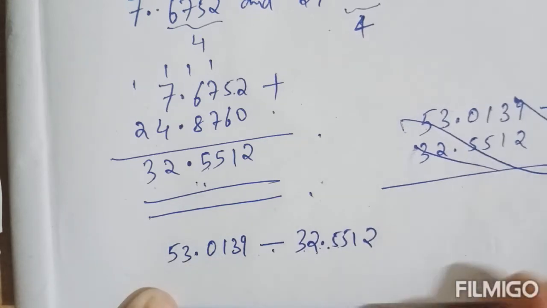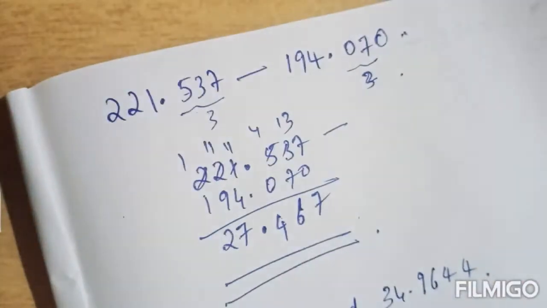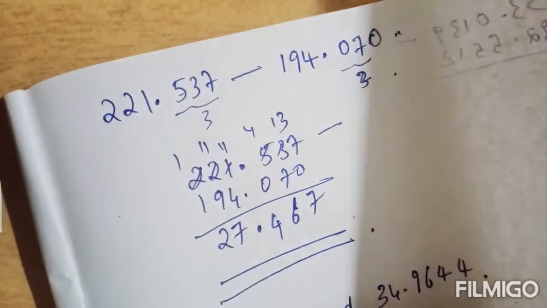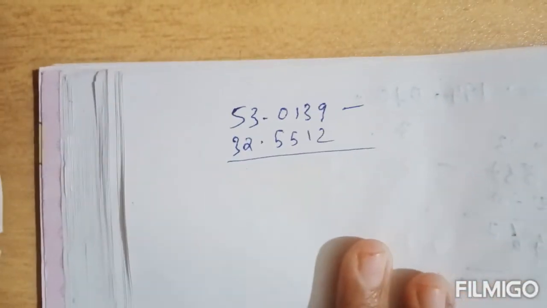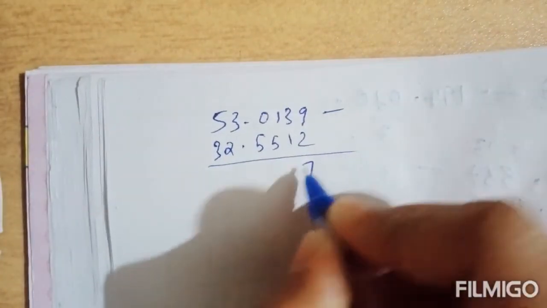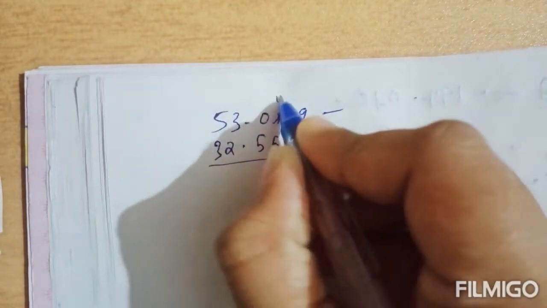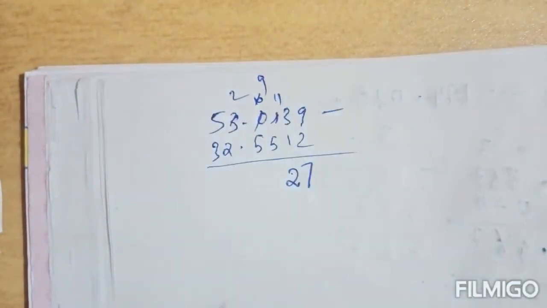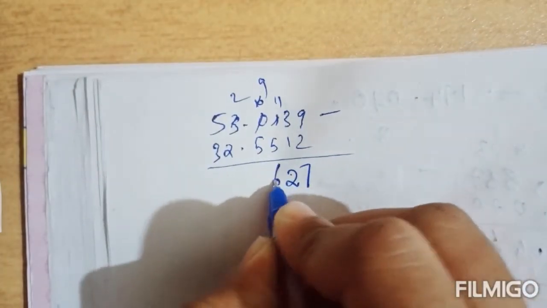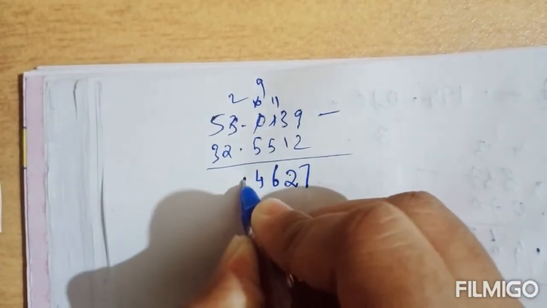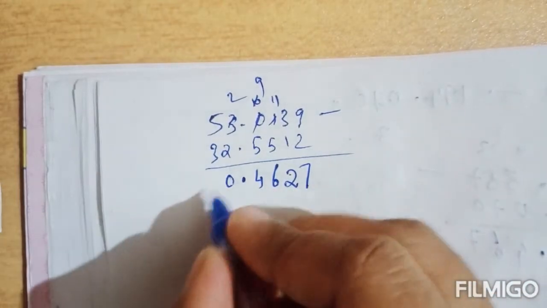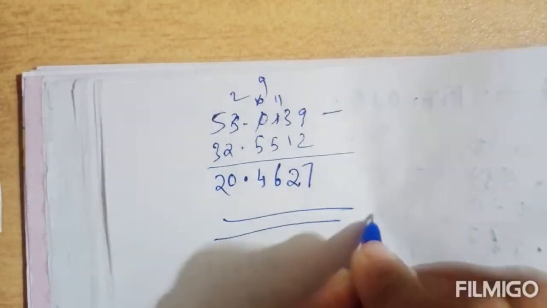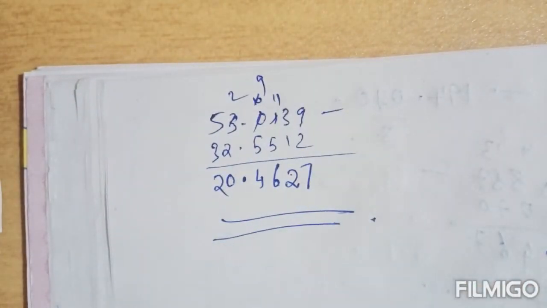Okay, so on doing subtraction, 53.0139 minus 32.5512. Here 7, here 2, 11, 10, 9, here 2. So 6 here, 4, decimal point 0, 2, 20.4627.